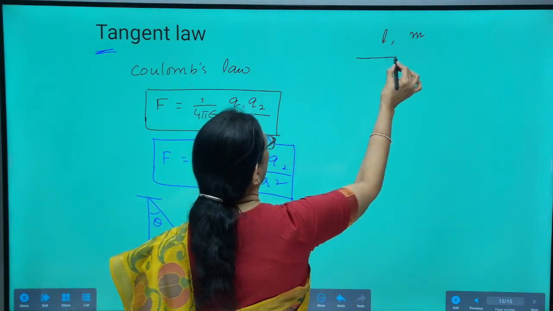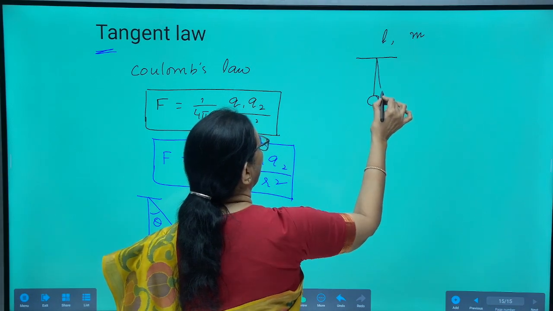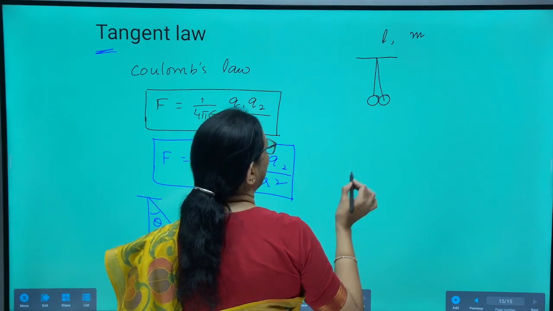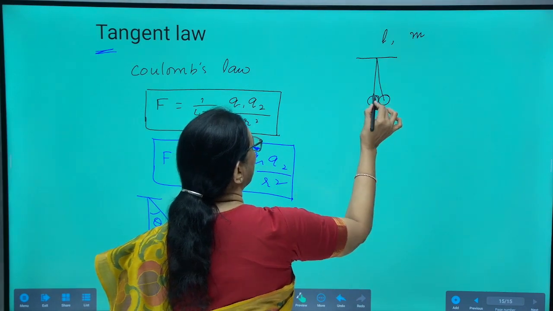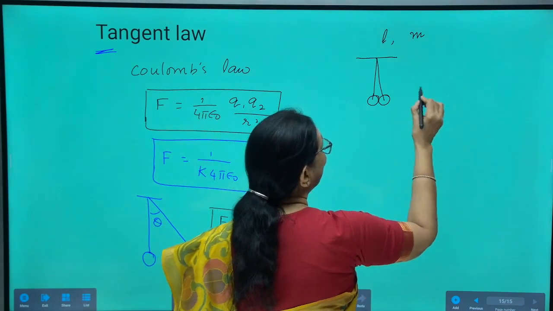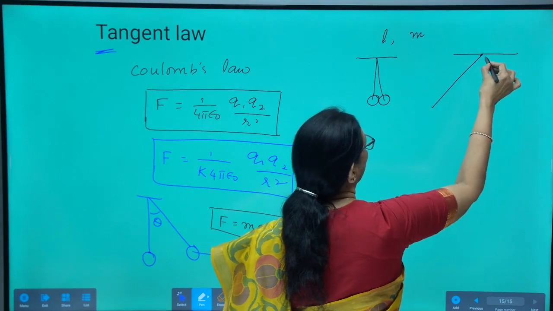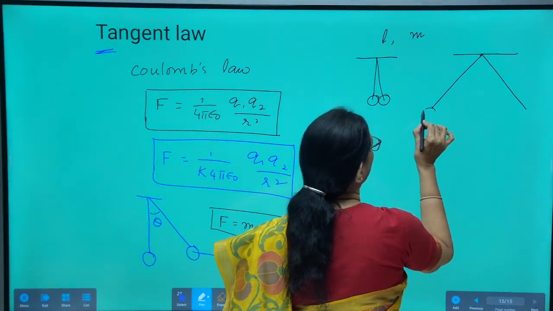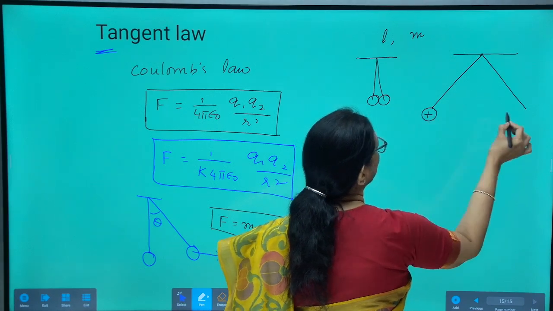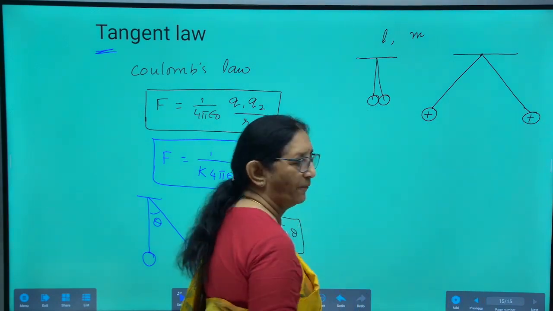So, if two simple pendulums are suspended from the same point, they will hang like this, isn't it? Now, if they are given charges, then because of the repulsion, they will be separated like this. This is the situation we are going to study now.